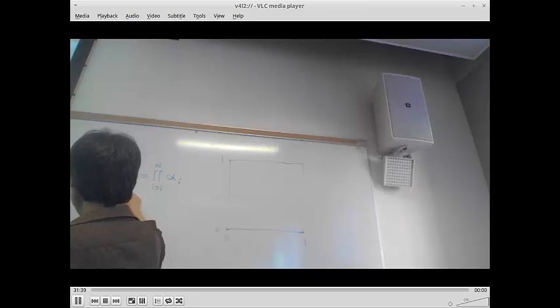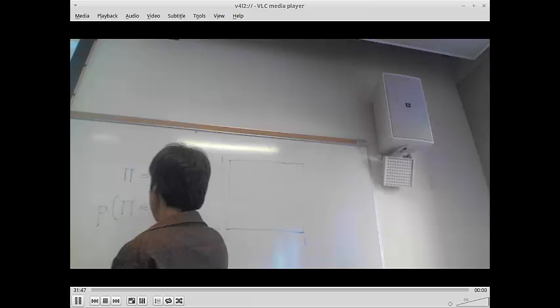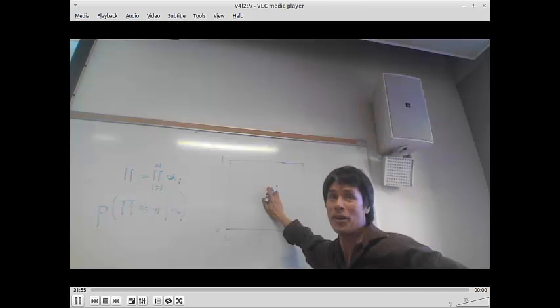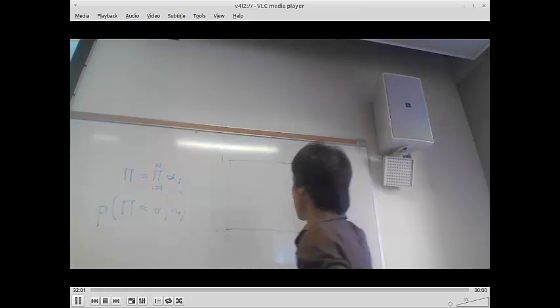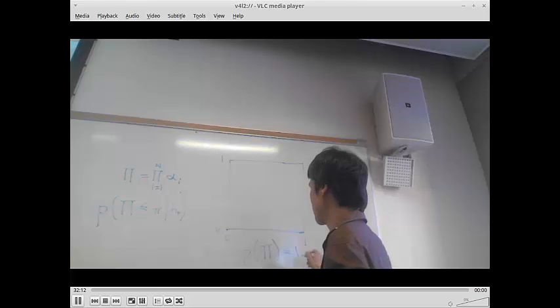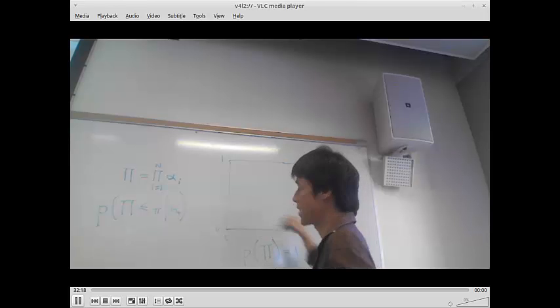What is the probability that we will see pi less than or equal to our observed value of pi, given our null hypothesis? Well, we know what that is, because we know the probability distribution is absolutely uniform, with density 1 on the 10-dimensional hypercube.